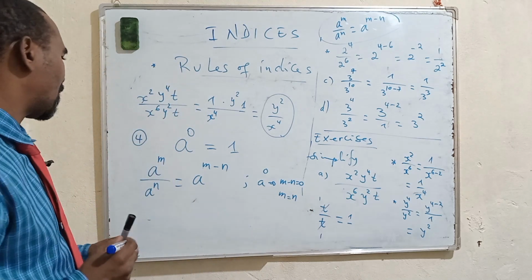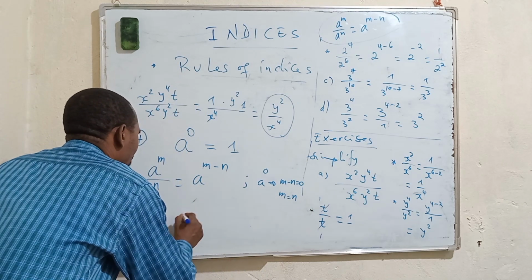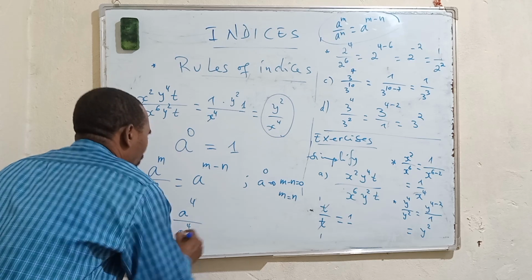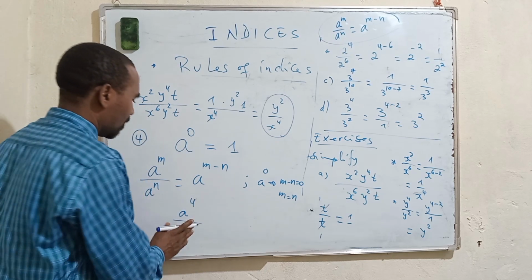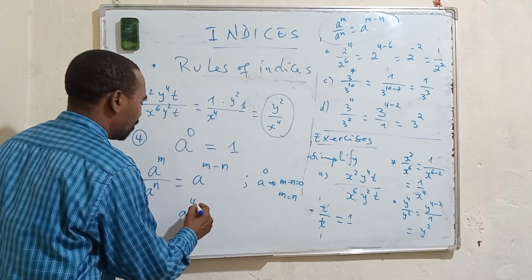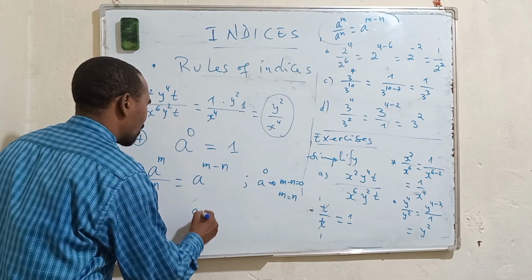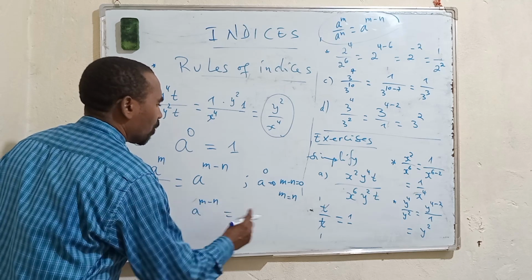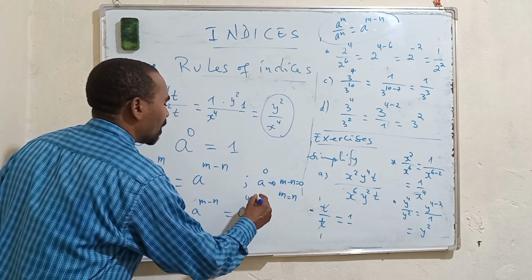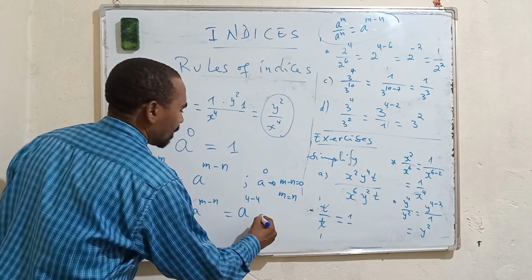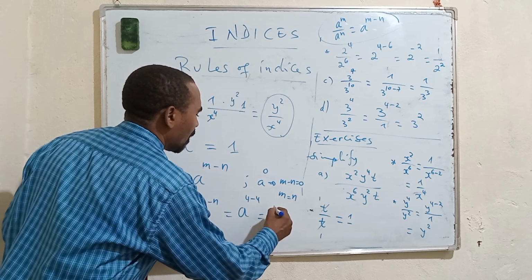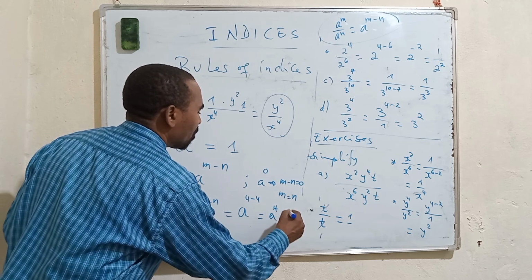I'm going to take two equal powers, like a power 4 over a power 4. Let's take a power m minus n, where m equals n. It is like 4 minus 4. By developing, this is the same as a power 4 times a power negative 4.